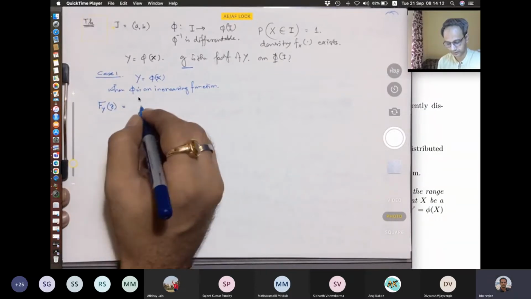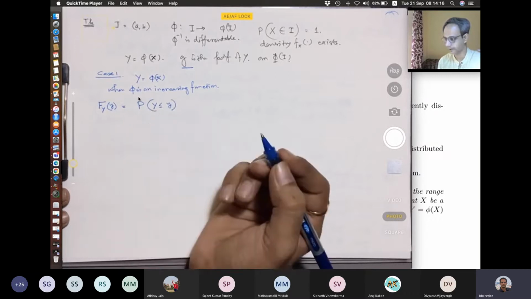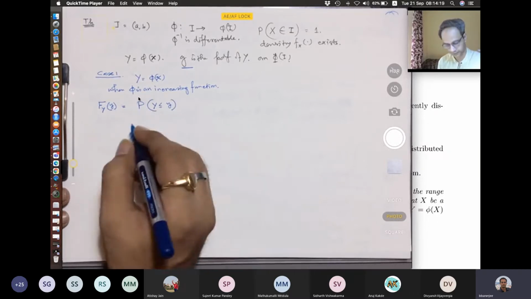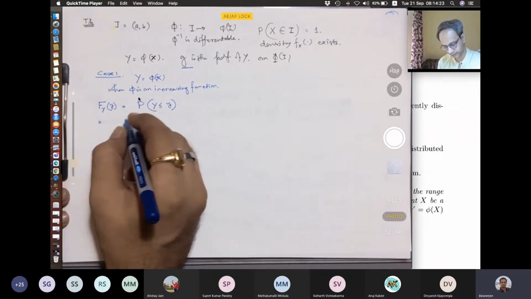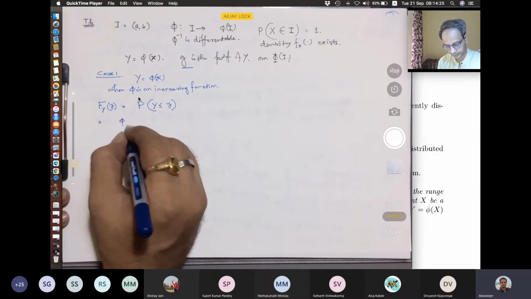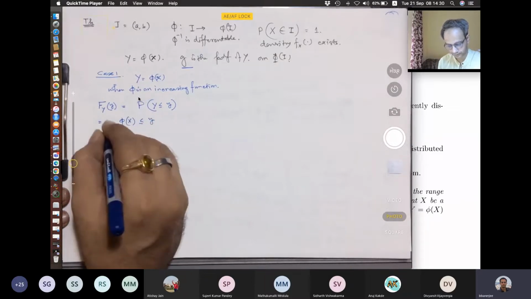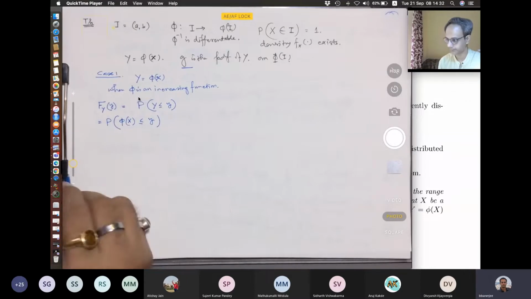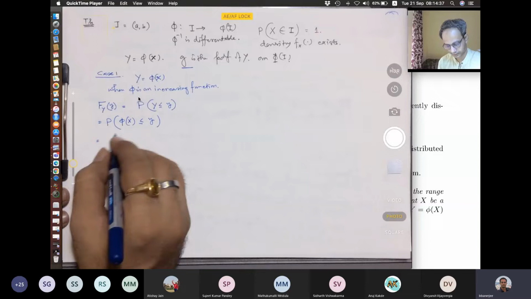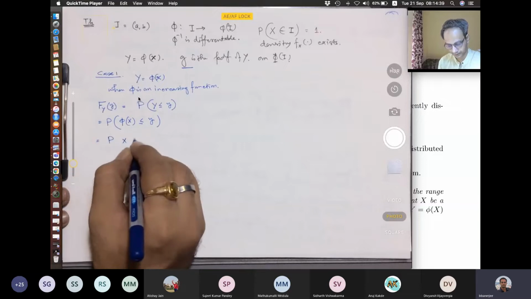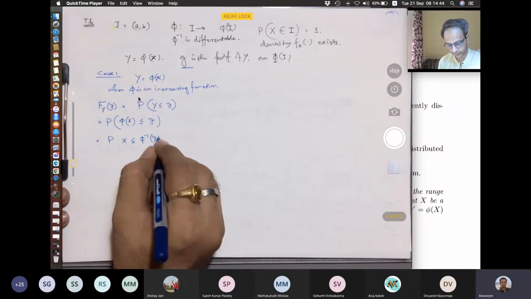So F_Y(y) is, by definition, the probability that capital Y is less than or equal to small y. Then you can also write this as the probability that phi of X is less than or equal to small y. Then probability that X is less than or equal to phi inverse of small y.